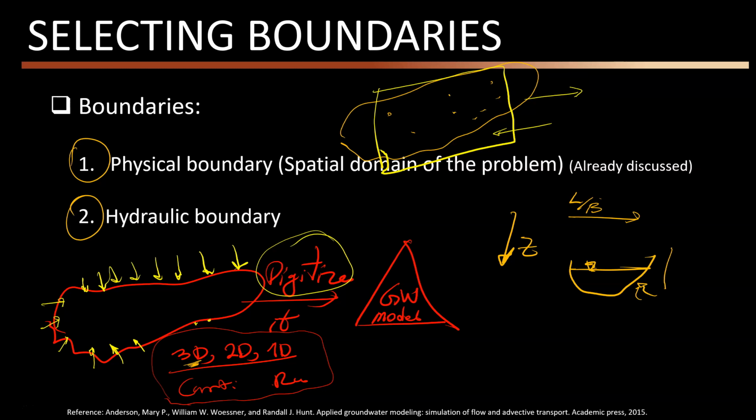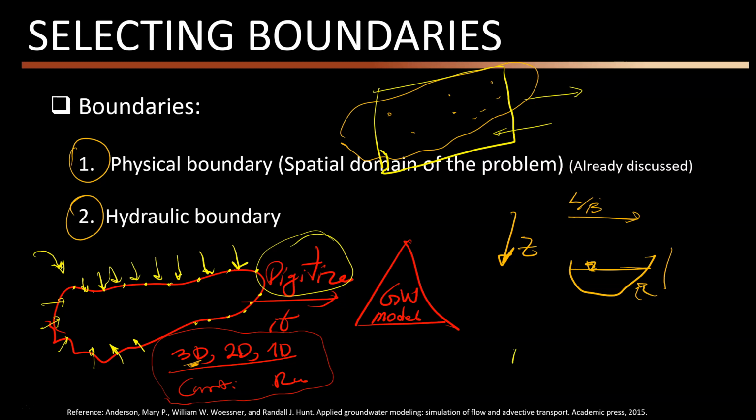We need to figure out how to digitize the boundary conditions of our conceptual model and show how the outside world is interacting with the groundwater flow within it. This is the definition of the hydraulic boundary condition, and that would be in all directions.